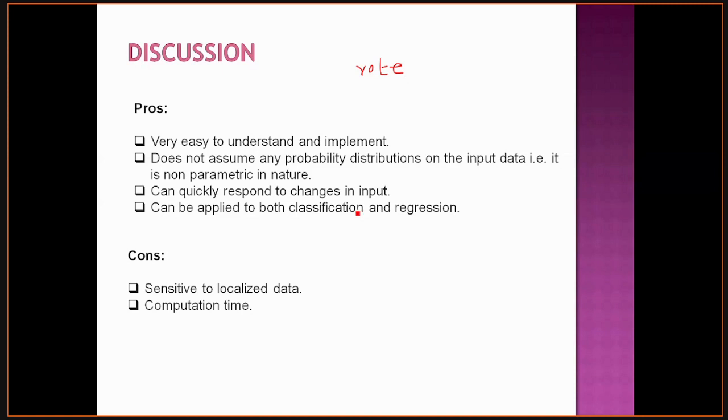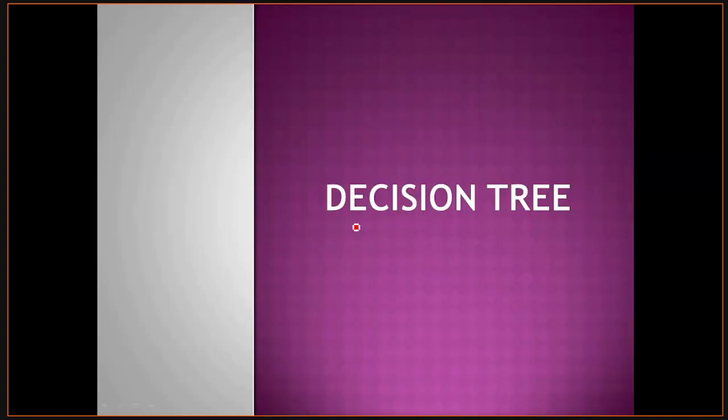Obviously, it has a high computational time because, as you can understand, for each test record, it is calculating the distance with the training records, right? So obviously, the computational time is very high. It is going to struggle when the number of independent variables, basically the number of predictors, is very high, right? And again, sensitive to the scale of the data.